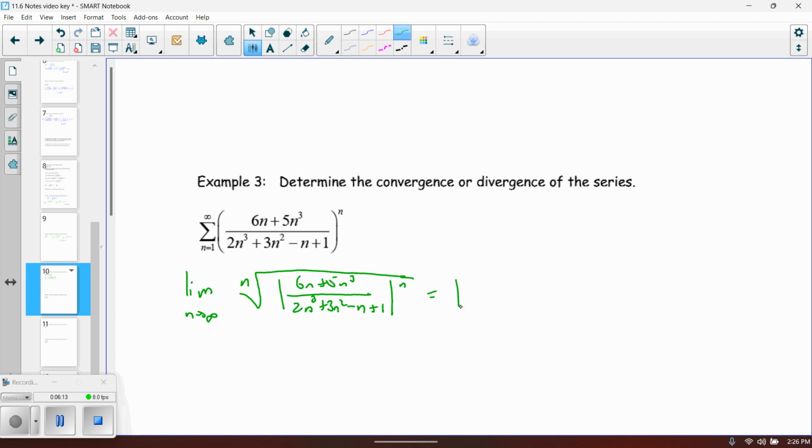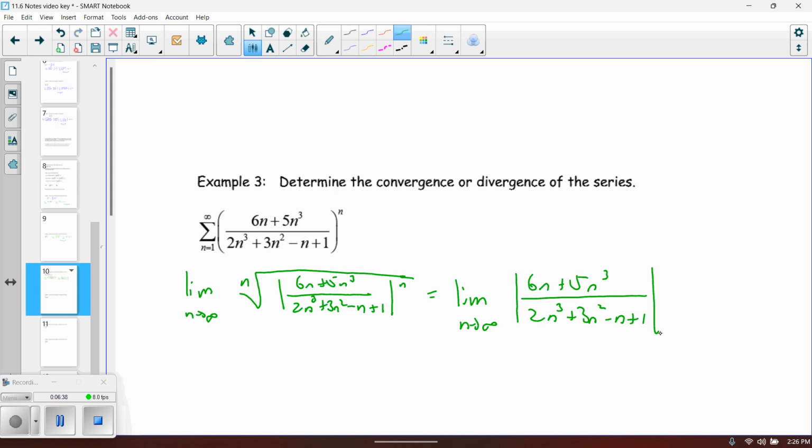So what we get is the limit as n goes to infinity, the absolute value of 6n plus 5n cubed divided by 2n cubed plus 3n squared minus n plus 1. And just be careful, because that numerator was not written in the descending order polynomial, not your standard form.